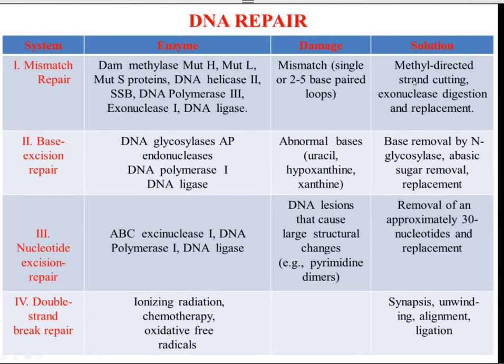So first of all, there will be methyl-directed strand cutting. The methylation will take place at a GATC sequence near the damaged site, so that the parental strand can be identified from the daughter strand. Once this takes place, the endonuclease will give a cut near the GATC sequence.